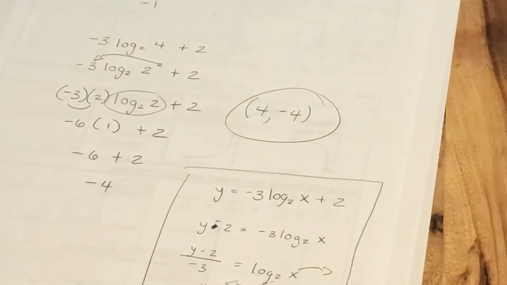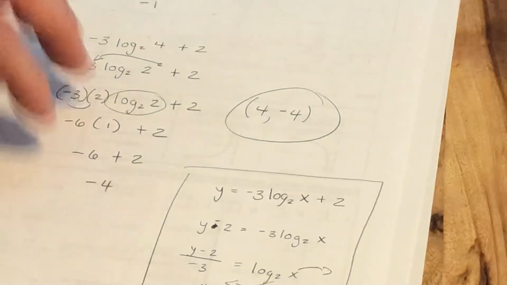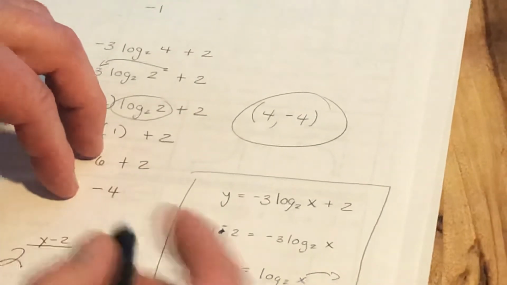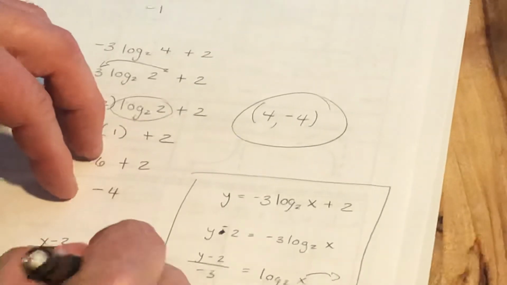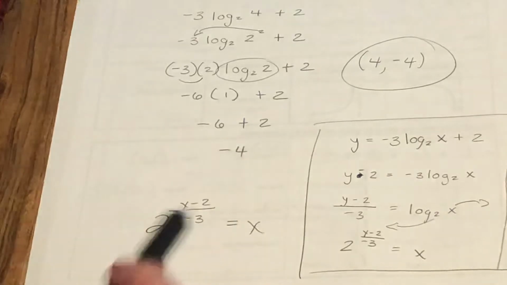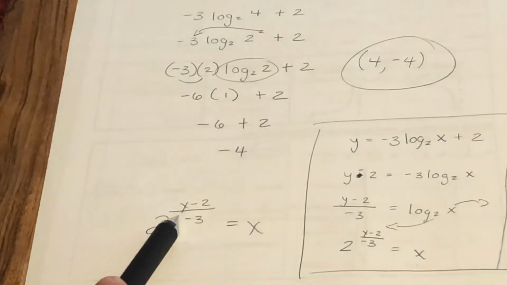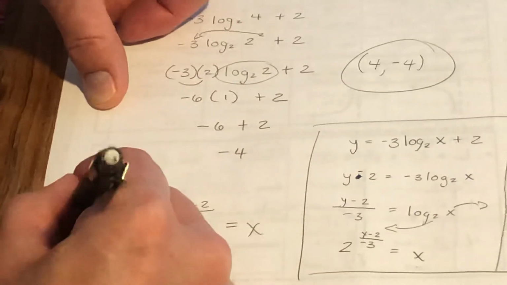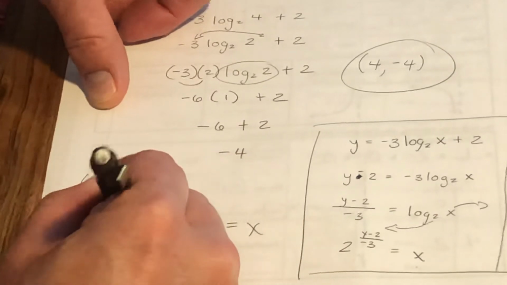This is going to be very, very confusing for many of you. However, now if you plug it into these terms, I have 2 raised to y minus 2 over negative 3 equals x. There you go. Then when I plugged in, remember our points were 2, negative 1, and 4, negative 4.